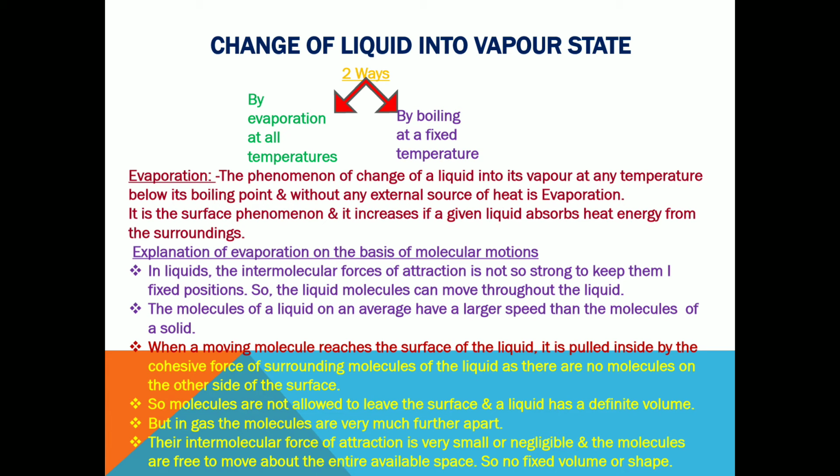But in liquids it is not so strong, so the molecules can move throughout the liquid. The molecules of a liquid on average have a larger speed than the molecules of a solid.